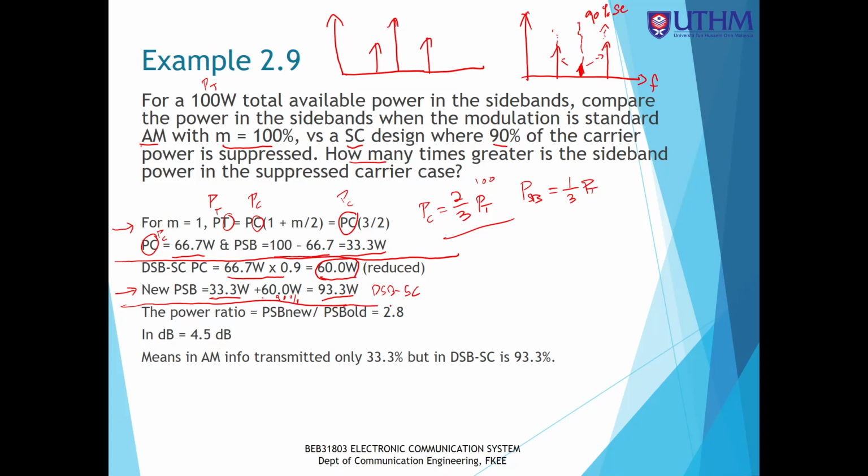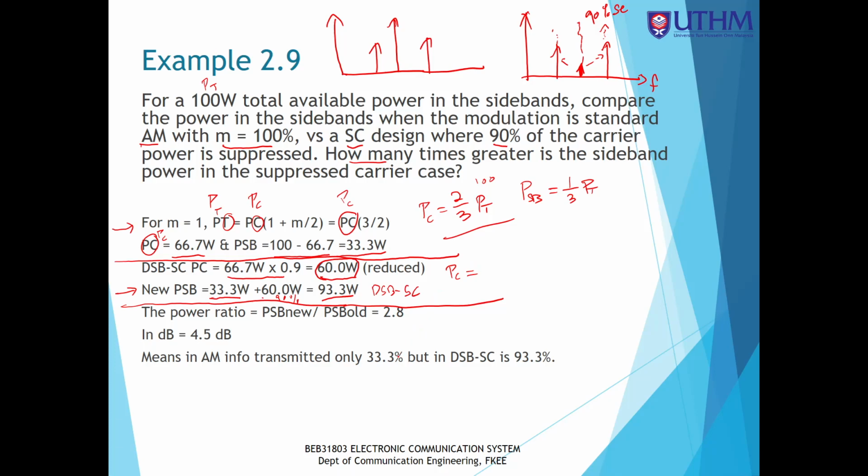We compare in terms of sideband power. So what about the carrier power? Carrier power in this case for the suppressed carrier becomes 10% only.